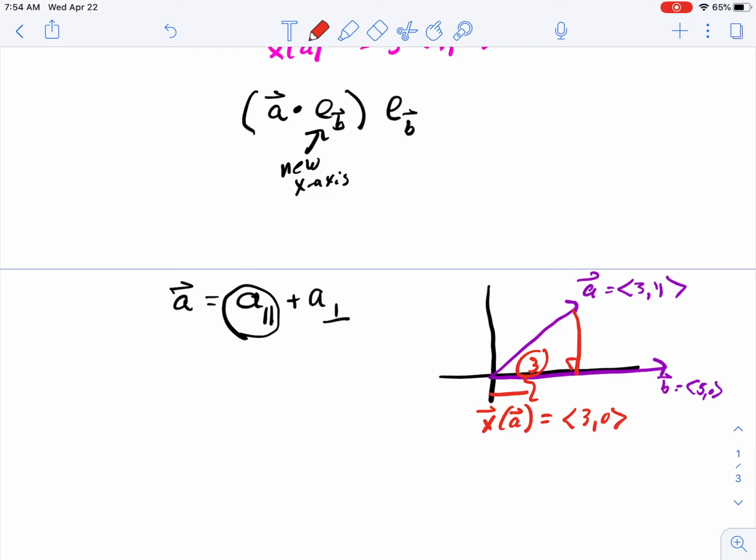Well, that is considered, when we found this new vector here, this is our A parallel, because it's parallel to our B.